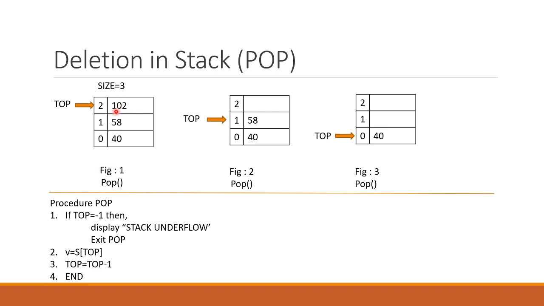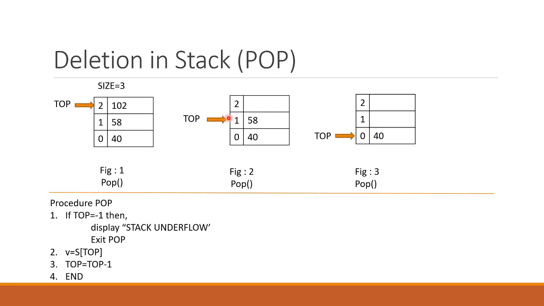We can use this data anywhere further in the program wherever we need it. Now that the data has been fetched into the local variable, we decrement the top by 1. Here the top is pointing at second index, so it is decremented by 1 and now points at first index. So the top has moved from second to first index.